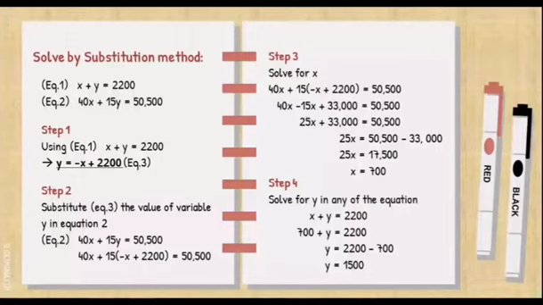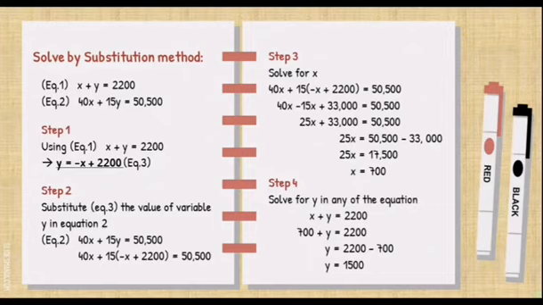Step 1. Using equation 1, X plus Y equals 2,200, we solve for Y. So we have Y equals negative X plus 2,200, which now becomes equation 3.